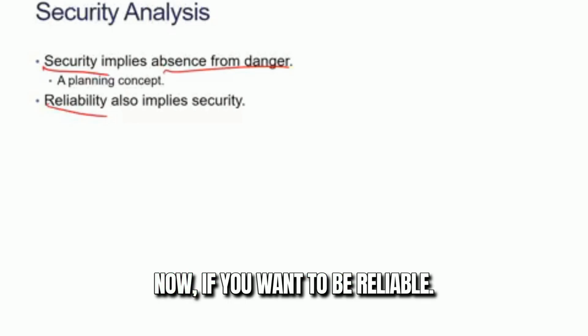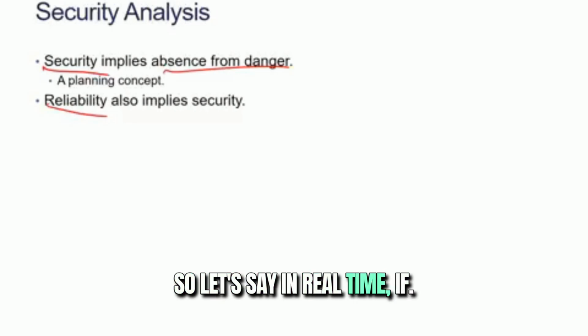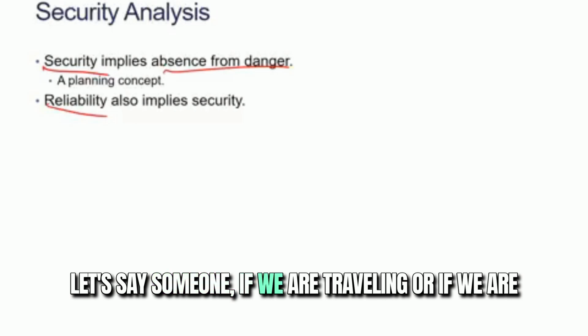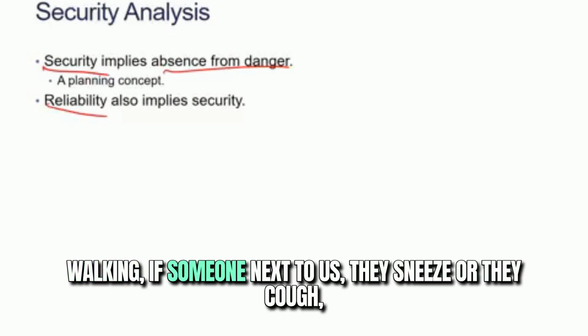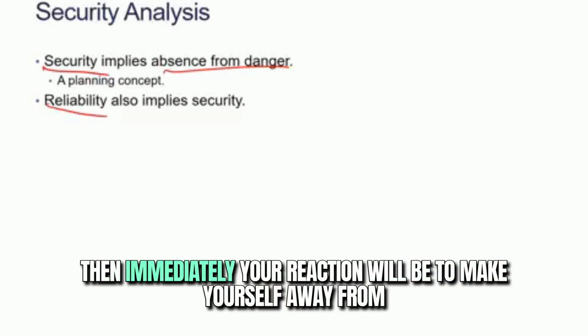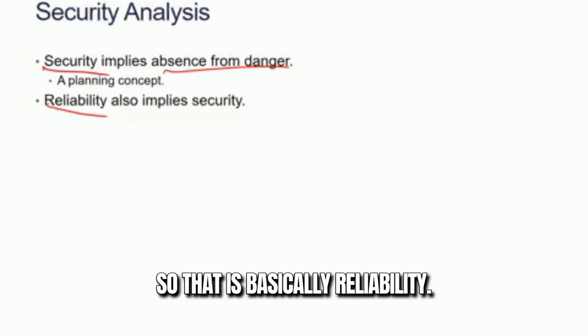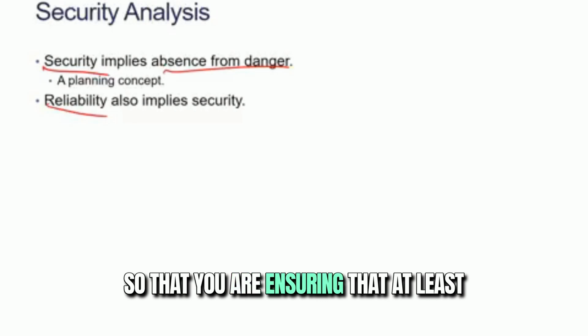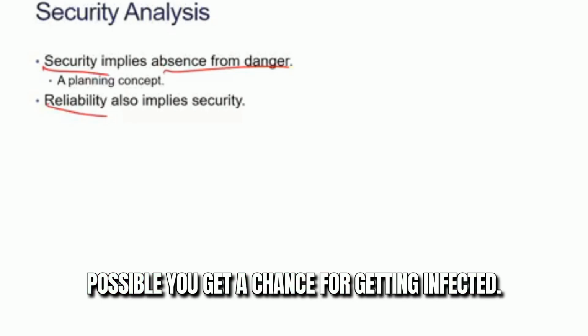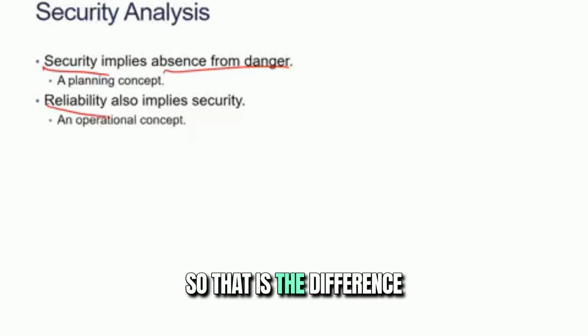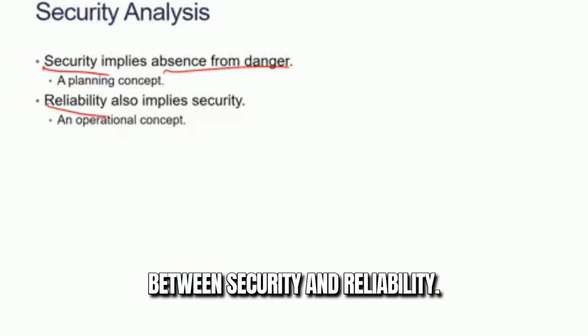Now reliability is in real time. If we are walking and someone next to us sneezes or coughs, your immediate reaction will be to move away or keep a distance from that person. That is reliability, ensuring that you have the least possible chance of getting infected. That is the difference between security and reliability.